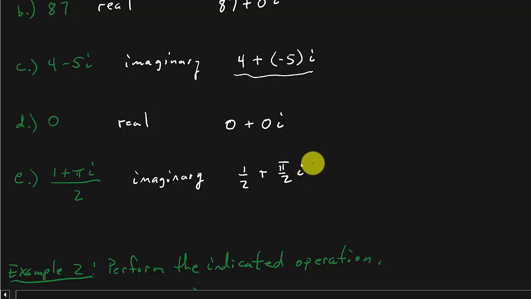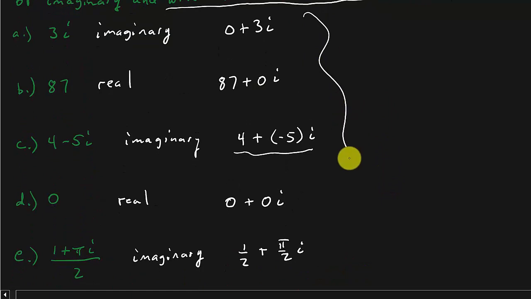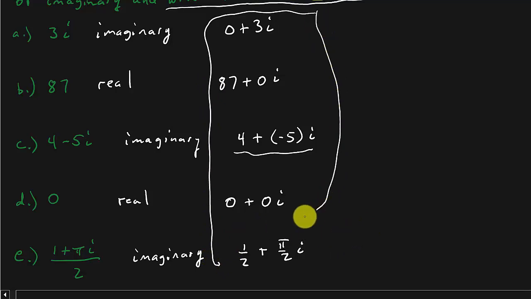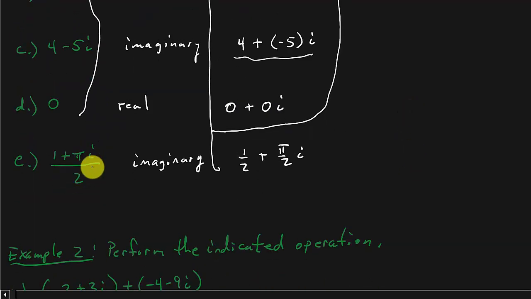Now, I mentioned the whole time that we were working these that this is not actually how you would write the answers, what I have circled here. You would write them like we have them over here. But now this one, if you're in my class, I want you to write it like this instead of like this.